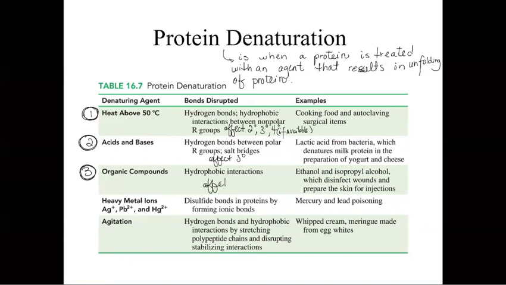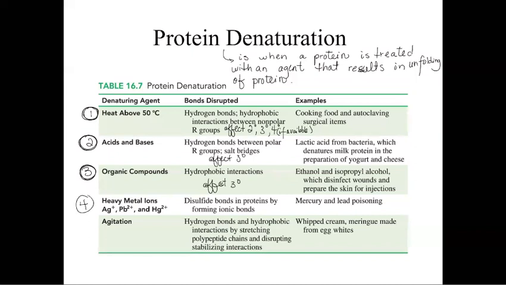So we are going to be affecting the tertiary structures of our proteins, and the use of ethanol, isopropyl alcohol to disinfect wounds, or if you are using that to prepare skin for injections, is because, again, if there is any bug on you or on the area, that is going to denature the proteins, and at times that is enough to kill bacteria. So understand that that's why it's done.